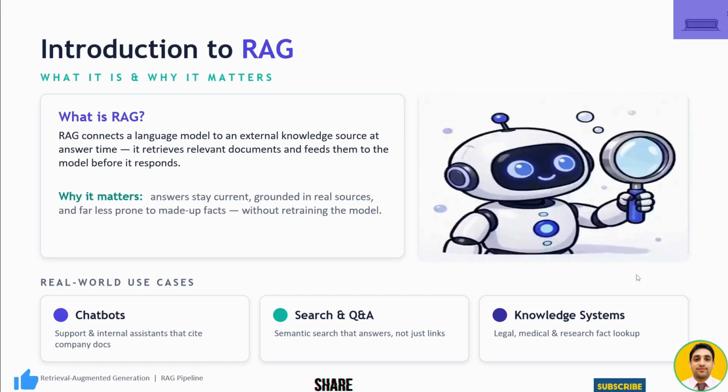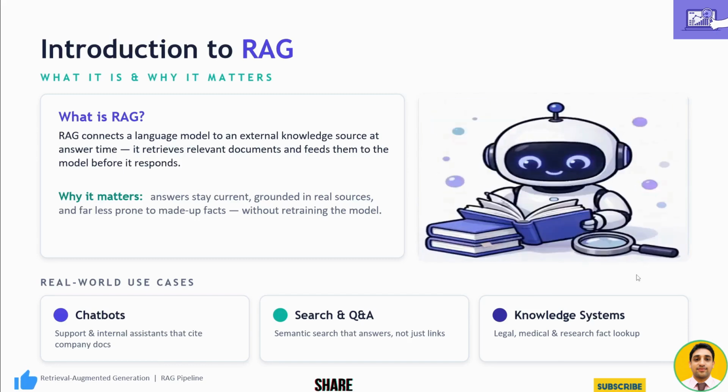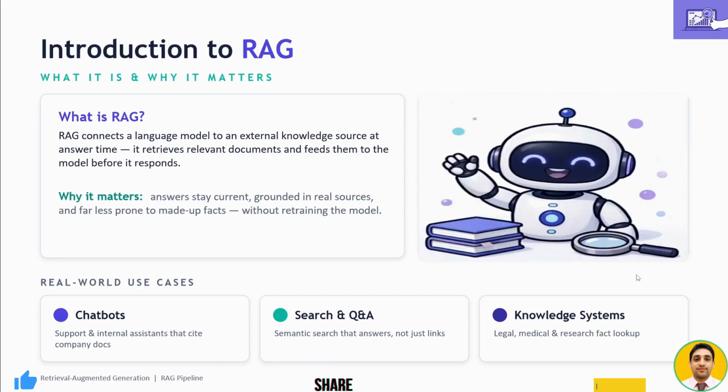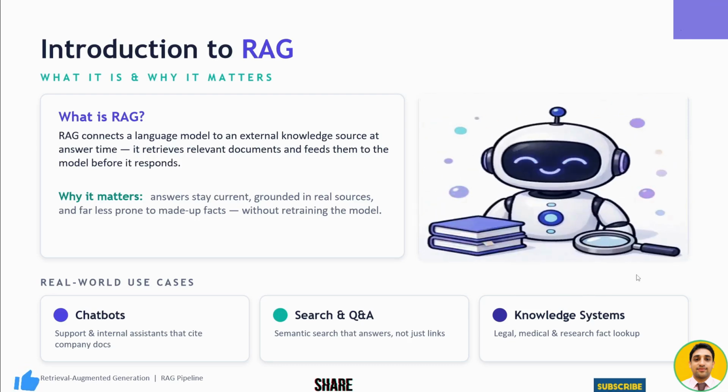This is a crucial distinction because it means the model isn't just guessing based on old training data, it is actively looking things up, much like a human would search through reference material before answering a tricky question.